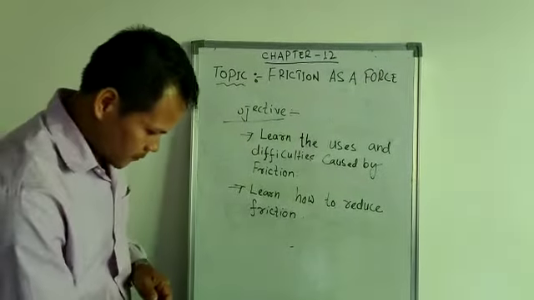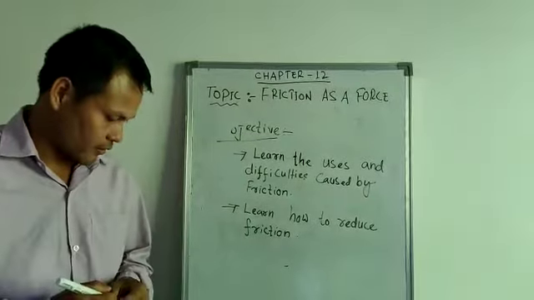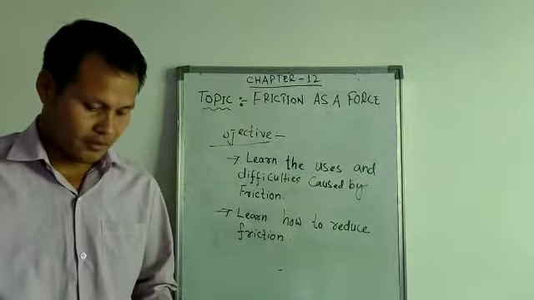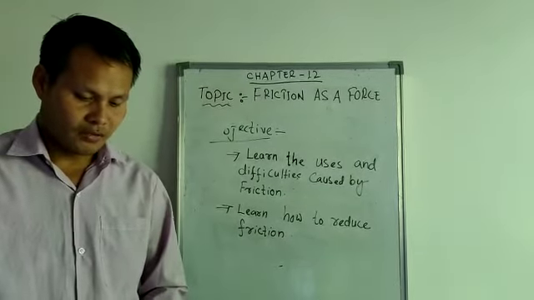So friction comes into play whenever any two objects are in contact with each other, and one object moves over the surface of the other object.